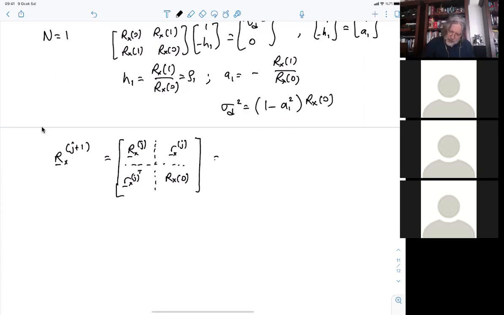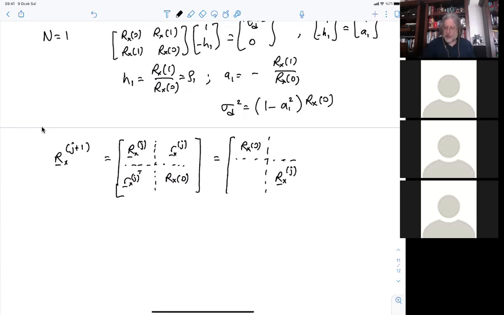But it could also be written, actually it's the same thing, as putting the Rx0 in the top left corner and using the matrix Rx of j at the bottom right corner, augmented from the right hand side with, now this must be different in notation, row xj transpose, and this is row xj.